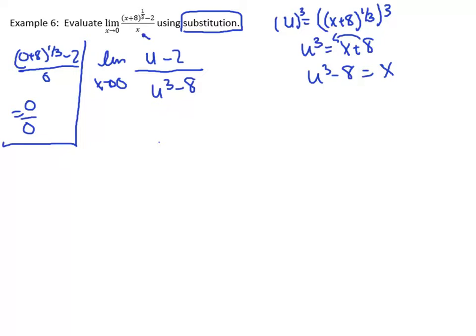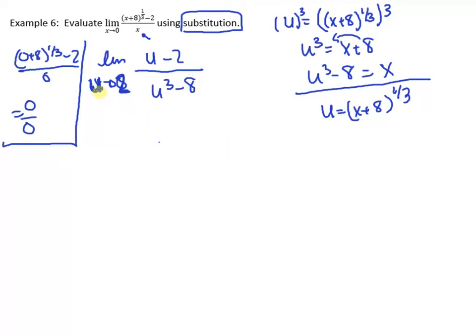Okay? Now, instead of writing as x approaches 0, we're going to write as u approaches 2. And where we get this 2 from is we had u equals x plus 8 to the 1/3.